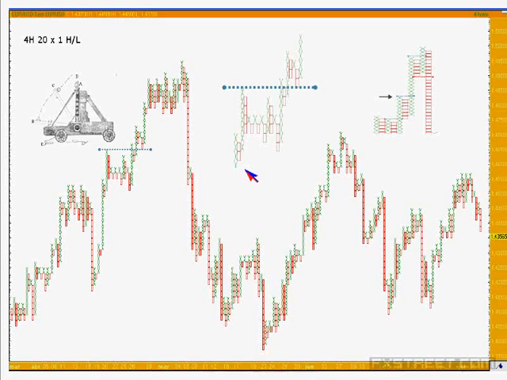Okay, this is the pattern that we see here on the left side with the illustration of a catapult here, in order to understand the meaning of the name of the pattern, which is the catapulting price in one direction.